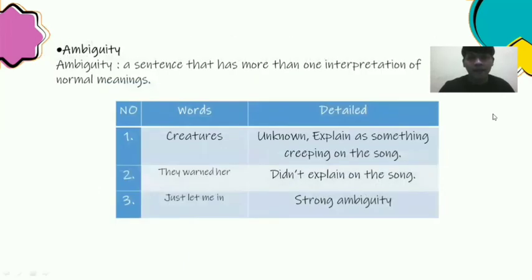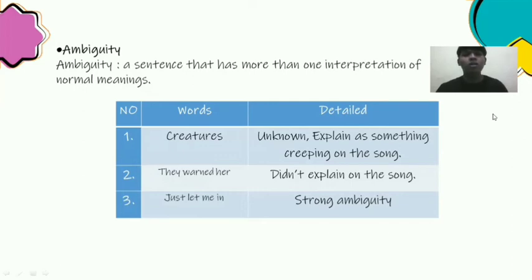And then the last is ambiguity. Ambiguity is a sentence that has more than one interpretation of normal meaning. So as I said before, ambiguity is a word that is confusing, like seperti kata yang nggak bisa dijelasin gitu, kayak dia ambigu.